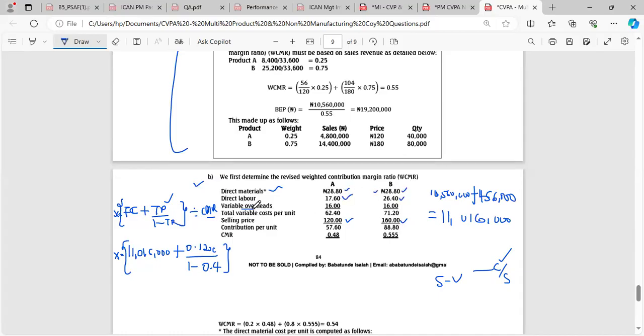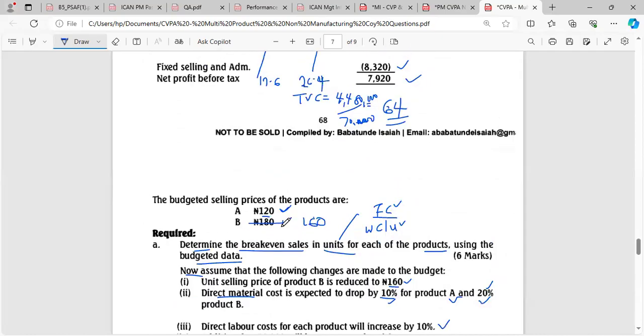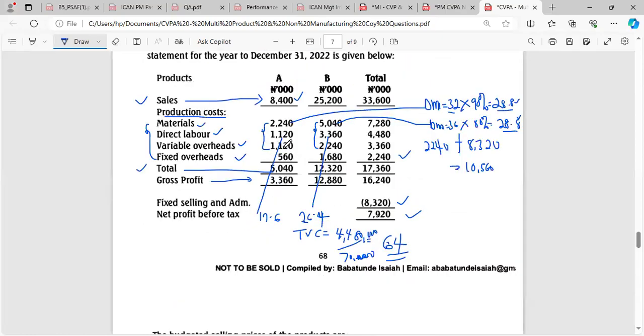Then the other one is variable overhead. They did not give us any additional information for that one, so we'll just pick it the way it is. We have 1120, that's total. We divide it by 70, the quantity. That gave me 16. So this one is 16. For this one, 2240 divided by 140, that's the quantity.